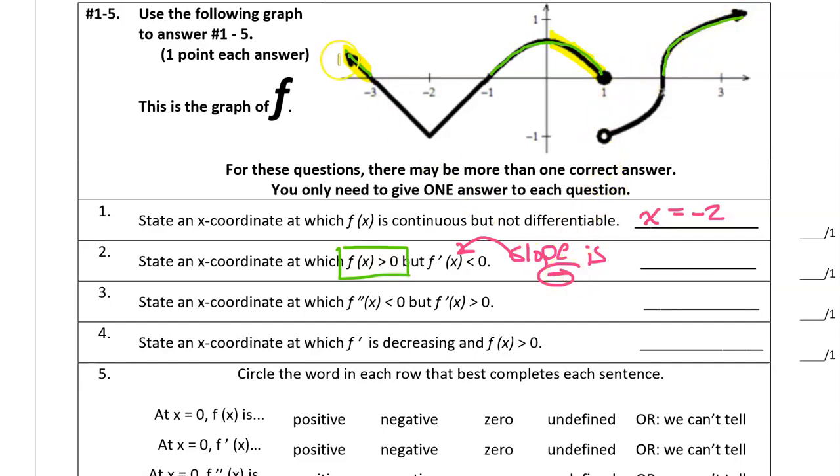So I can pick an x value in either of these yellow zones. I think I will pick this one right here and say x equals 1/2. Okay, so at x equals 1/2, f of x is greater than 0 because it would be about here, that's above the x-axis. But f prime is negative. The slope of the tangent line is downhill.